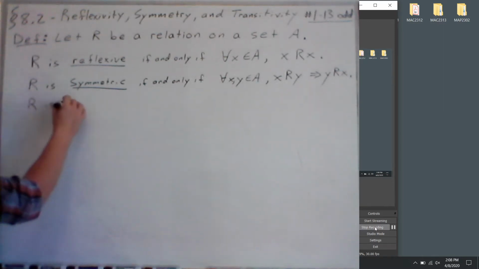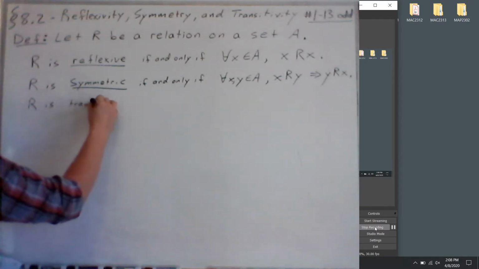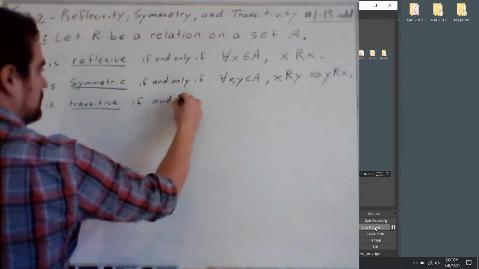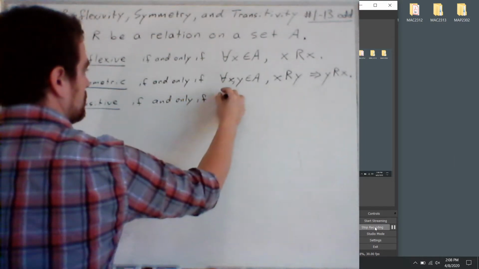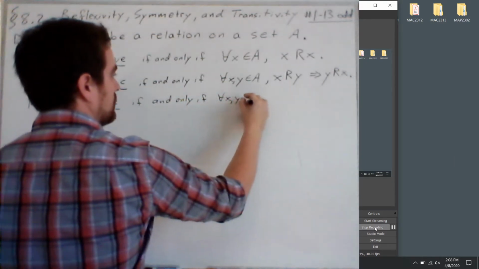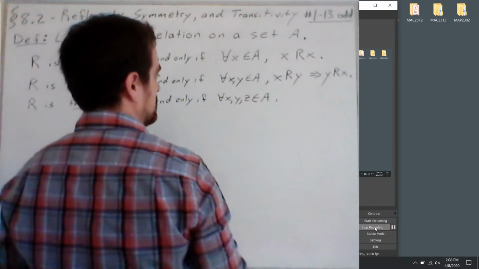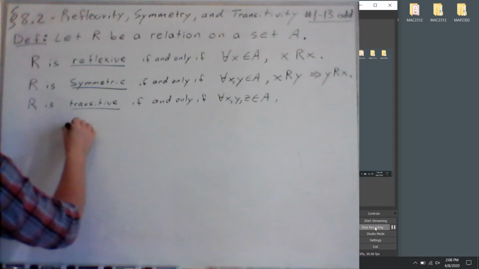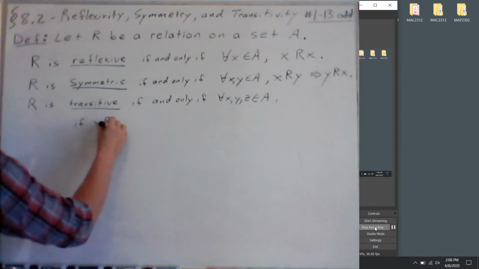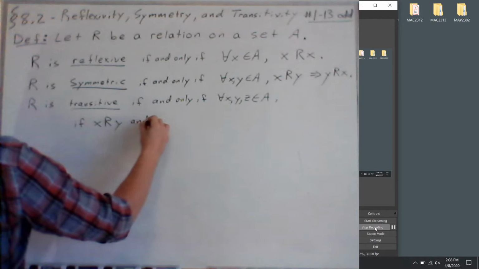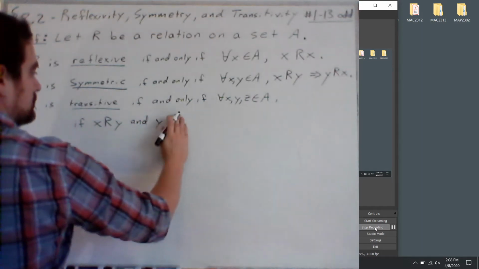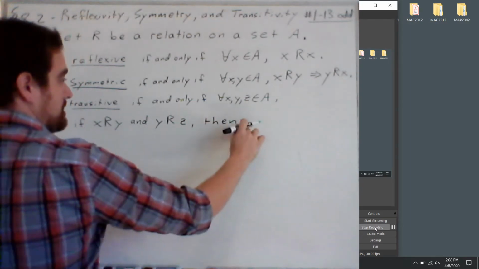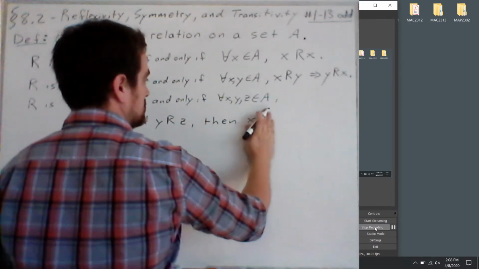R is transitive if and only if for all x, y, and z in the set A, if x is related to y and y is related to z, then that implies that x is related to z.